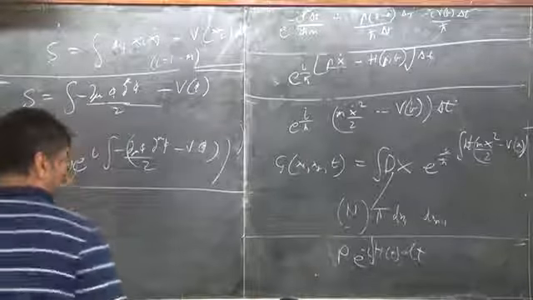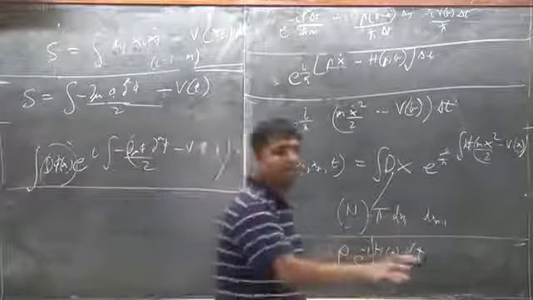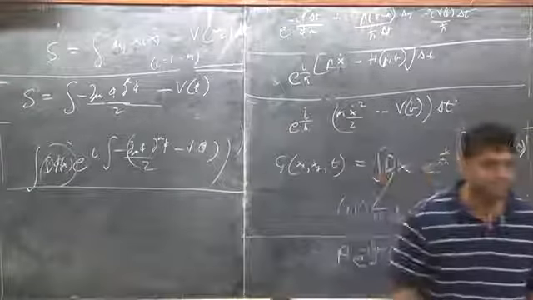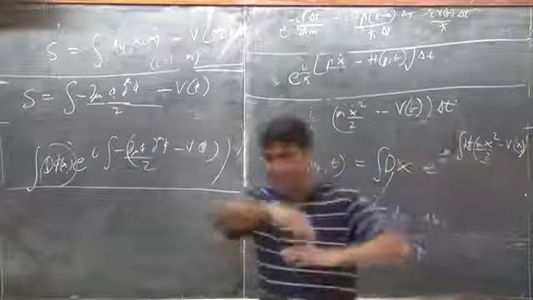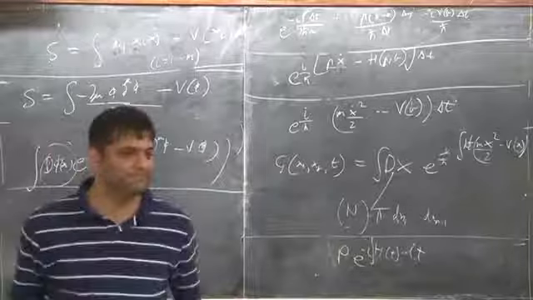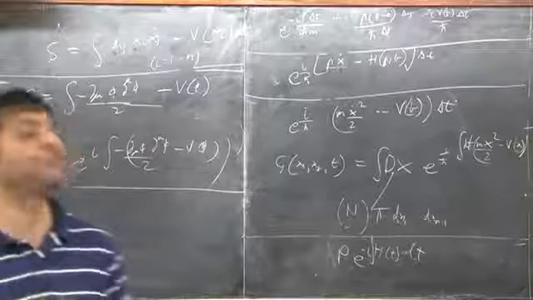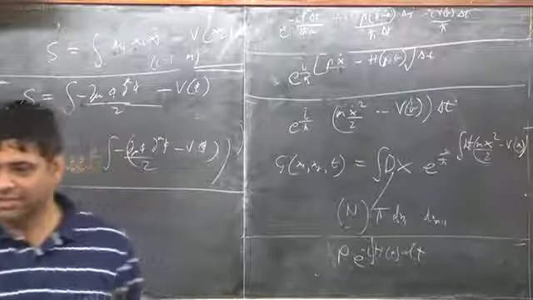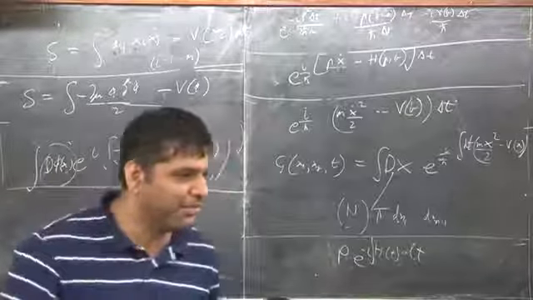What's a functional? A functional is an object that takes a function and outputs a number. For every function, you have some number. For instance, an integral is a functional: you're given a function, you associate a number with it, like the integral.